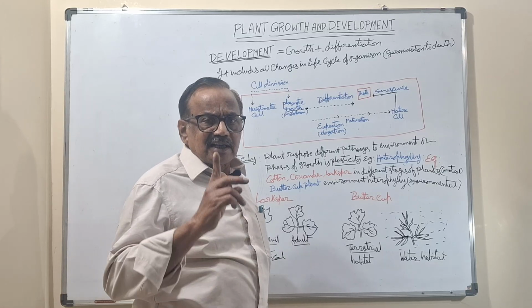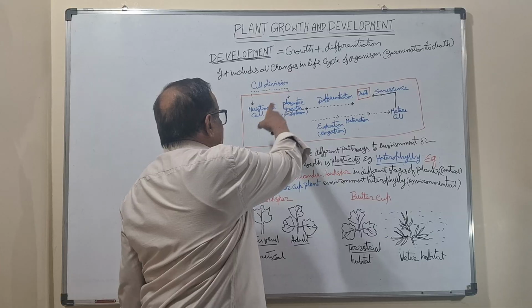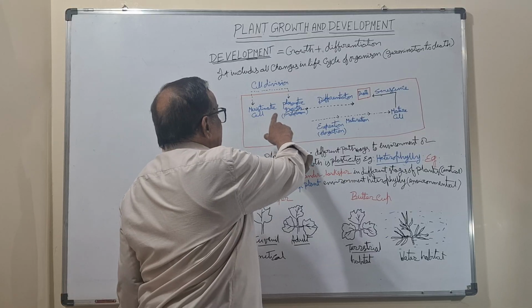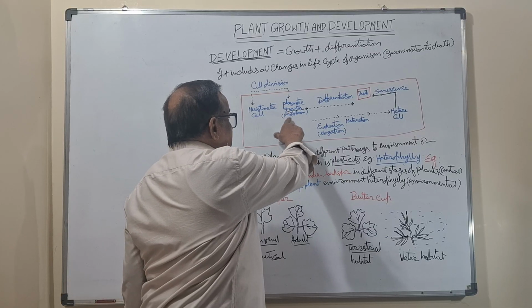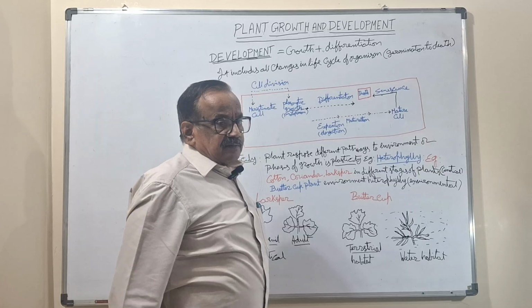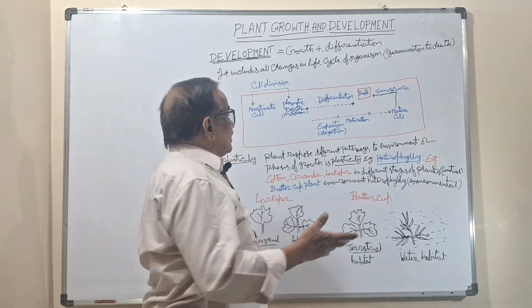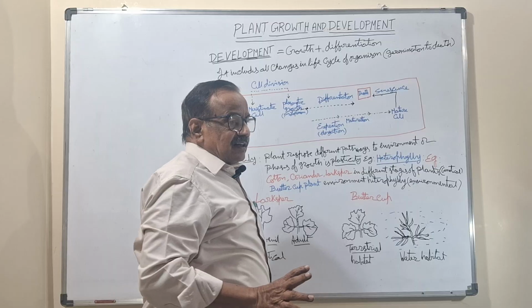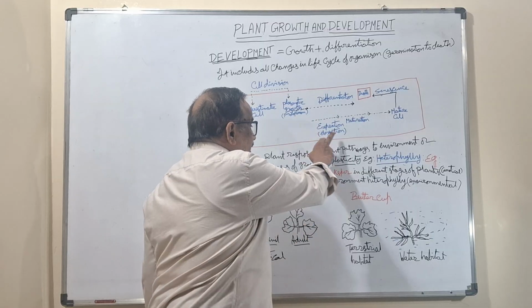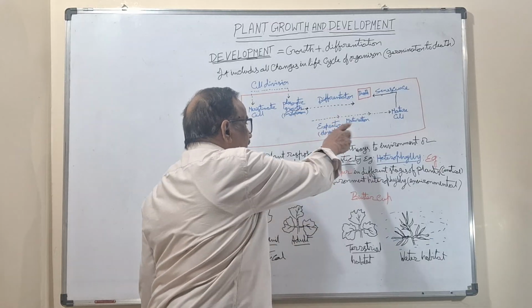It starts with one cell, cell division in the meristematic cells, and plasmatic growth, that is protoplasm growth, which leads to differentiation as elongation and maturation.